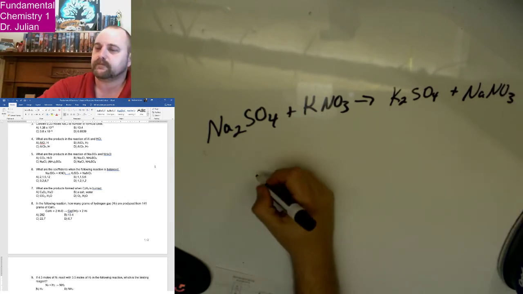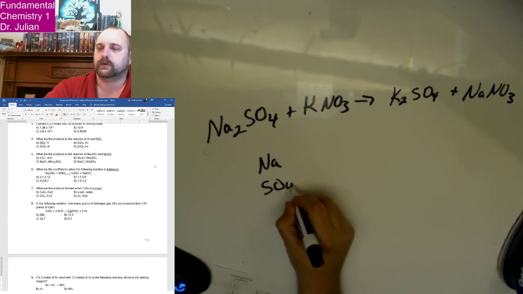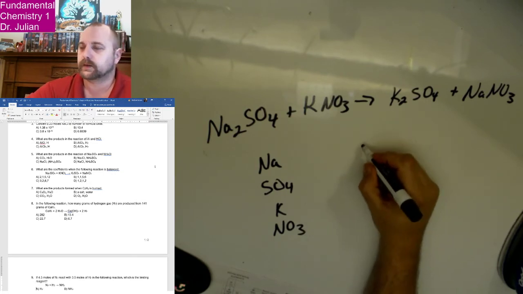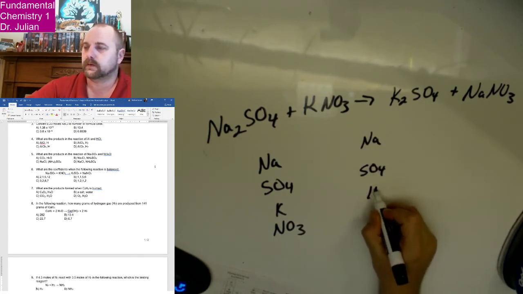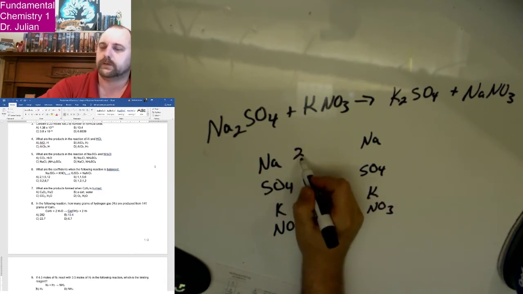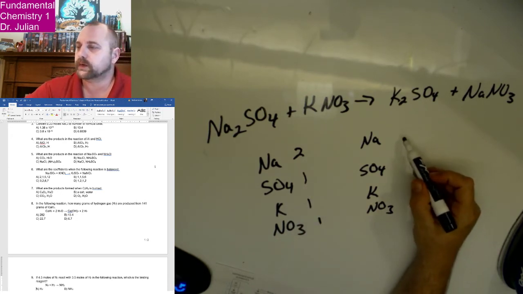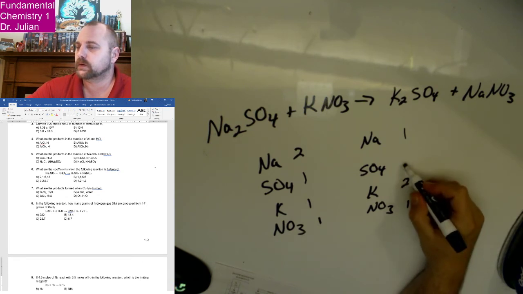Let's just make a list. Na, SO4, K, NO3. Notice I'm keeping my polyatomic ions together. I've got 2 over here, one of those, one. Over here I got 1, 1, 2, 1.